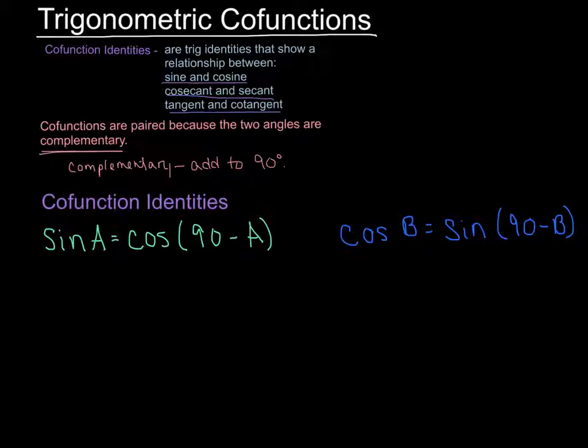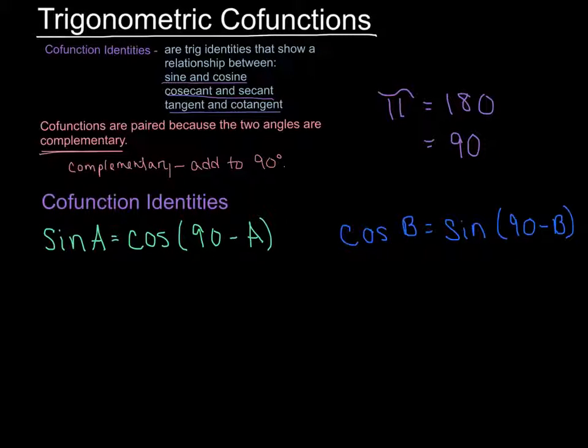And that's also true for radians. Since I know pi is equal to 180, if I want to know what 90 is equal to, 180 divided by 2 will give me 90.